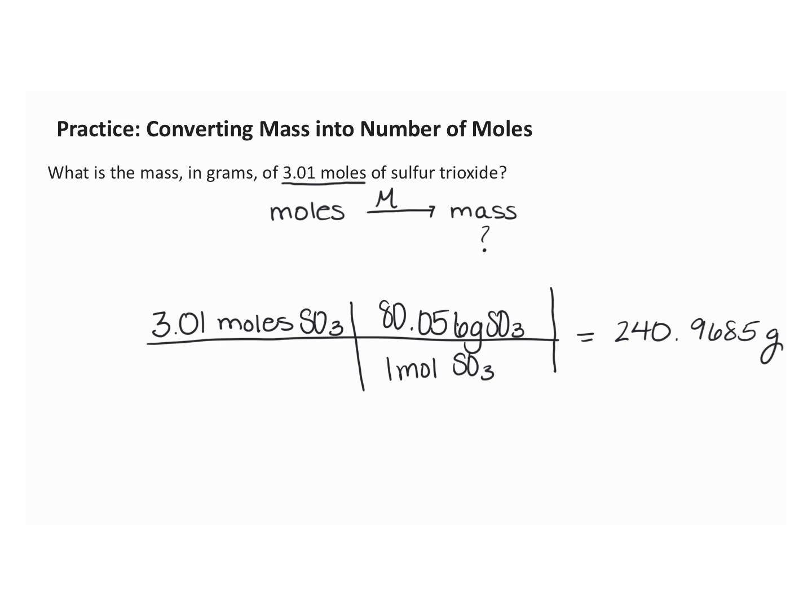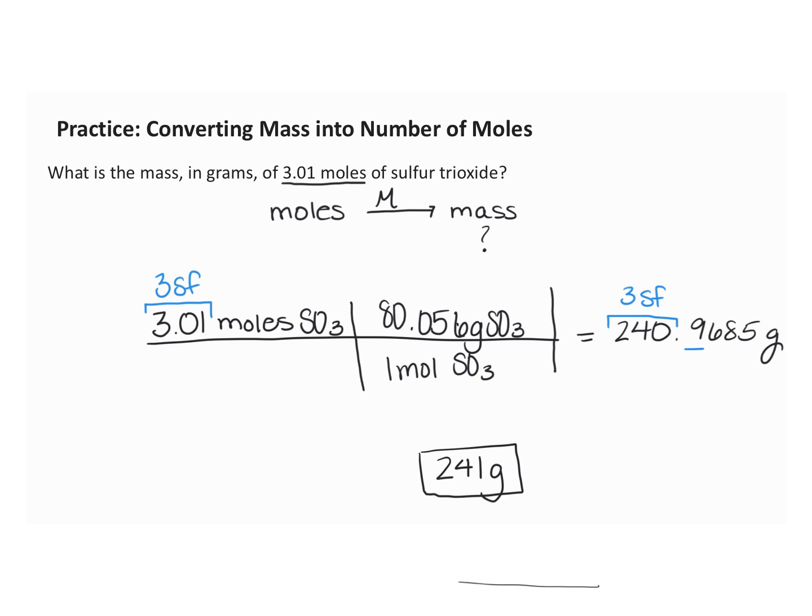And so we need to look at our significant figures. When we look at our significant figures, there are 3 significant figures here. So that means our answer needs to have 3 significant figures here. So we're going to look at this 9 to see we need to round, and we need to round to 241 grams. And so that tells us if we want to react 3 moles in a chemical reaction, we need to weigh out in the laboratory 241 grams.